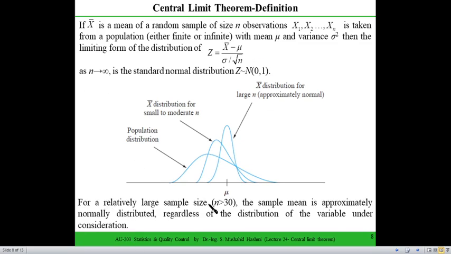We simply say when your sample size is greater than 30, the sample mean is approximately normally distributed, regardless of the shape of the distribution of the population under consideration. So irrespective of that, your sample mean distribution would be a normal distribution. So this is formally what the central limit theorem is.